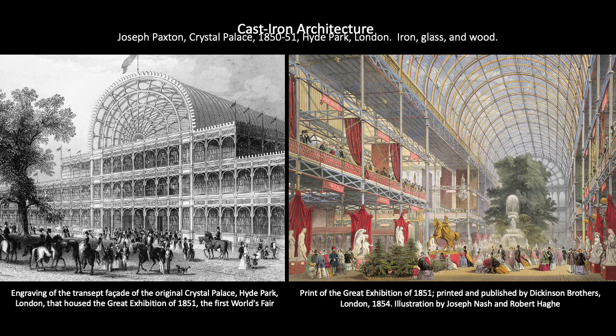In total, the Crystal Palace utilized about 4,500 tons of cast iron and 990,000 square feet of glass, and it paved the way from 19th to 20th century architecture by demonstrating that so long as the skeleton was firm, the skin could be lightweight and completely non-load bearing, and you could still create a very spacious interior.